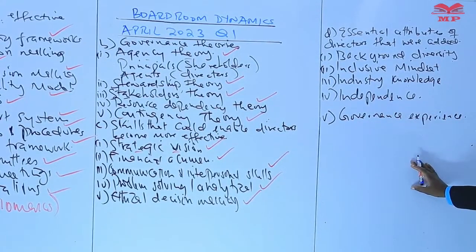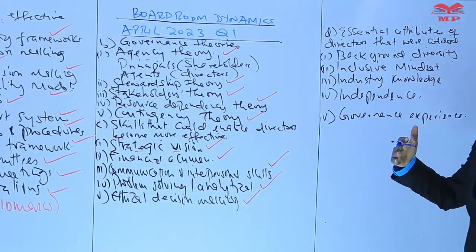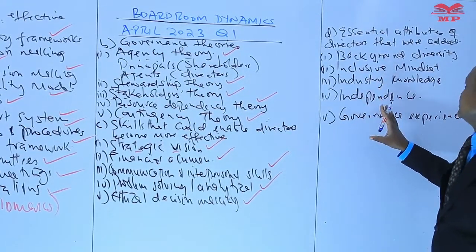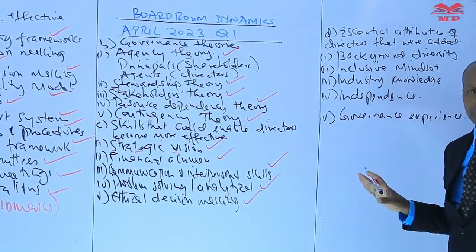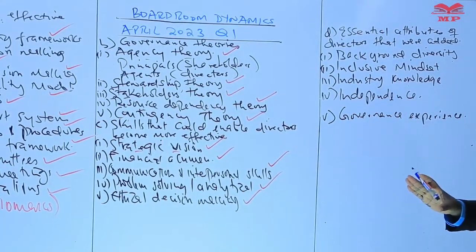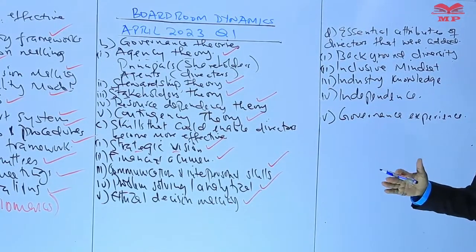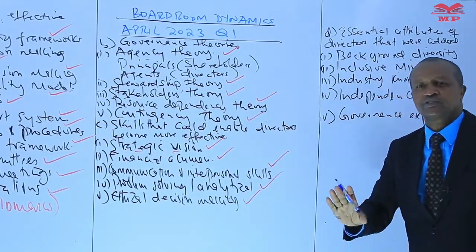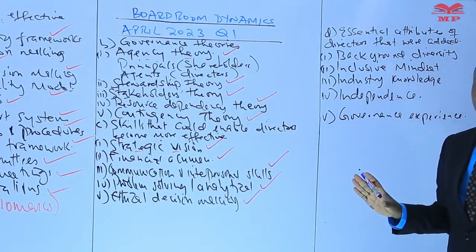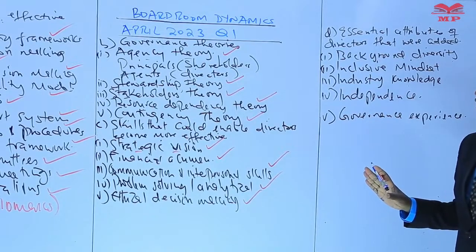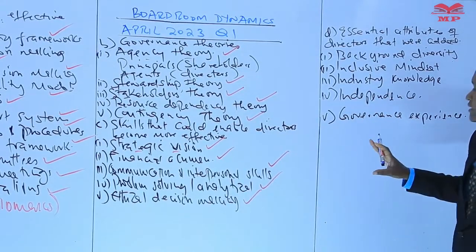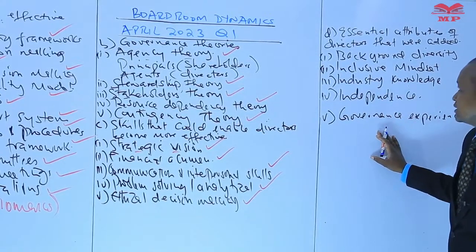And therefore, by embracing these diverse attributes, the company can benefit from robust discussions. The board can make better decisions, and also enhanced governance practices.